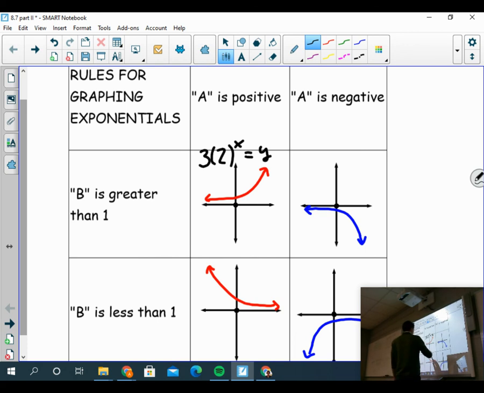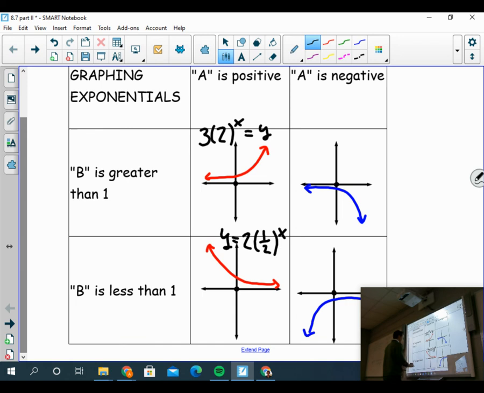Our graph from today, 2 times 1/2 to the x, would fall in the category of still having a positive a value, but the b value is less than 1. We know our b value can never be 0 or less than 0, but your b value is a fraction between 0 and 1. In this case, our b value is 1/2.